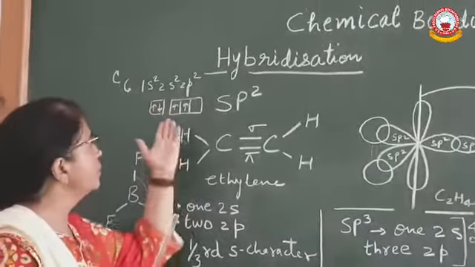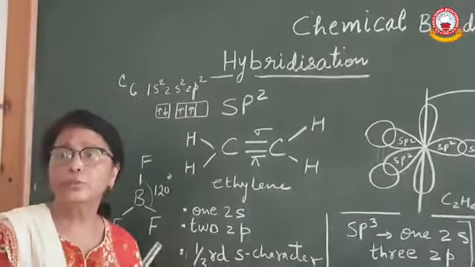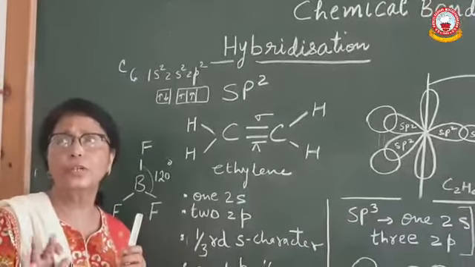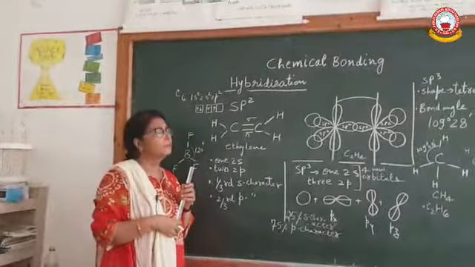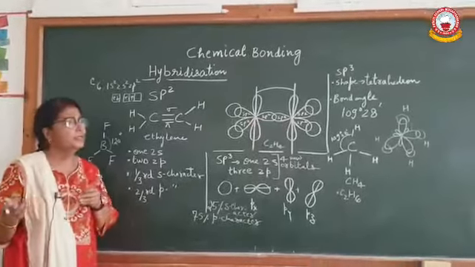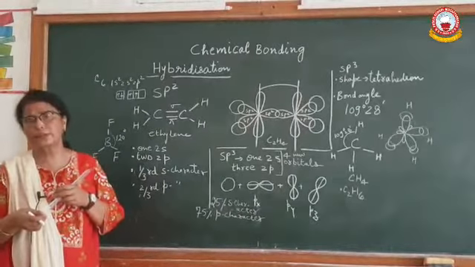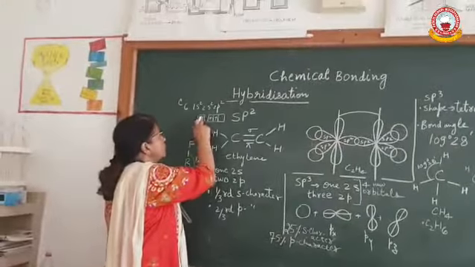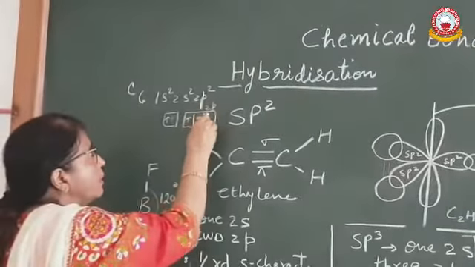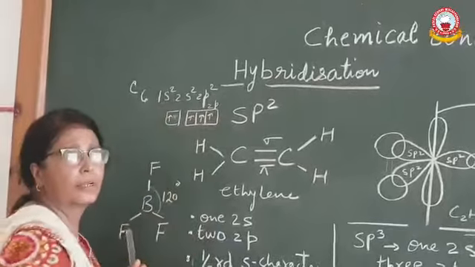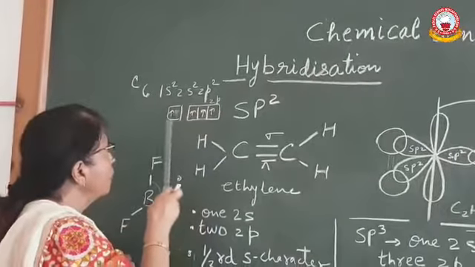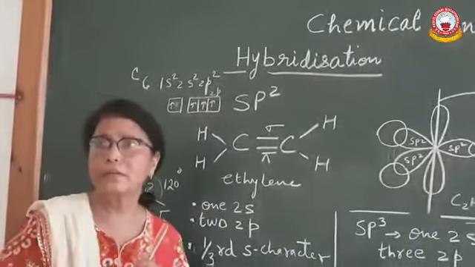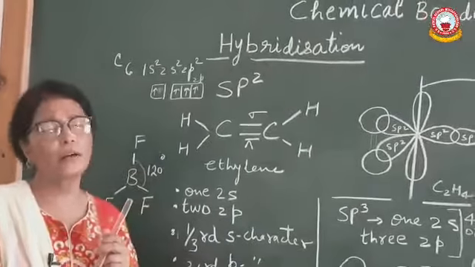So, according to this your carbon should be divalent, because only 2 electrons are half filled, but we see that carbon in most of the compounds is tetravalent. It is because this electron is shifted to 2p in the excited state, and then you have 4 half filled orbitals, which explains the tetravalency.